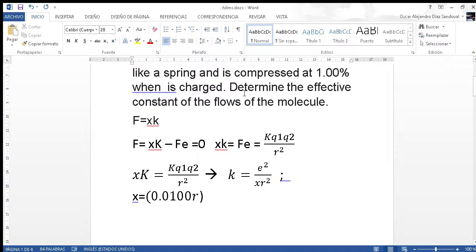The problem wants that we determine the effective constant of the flux of the molecule.